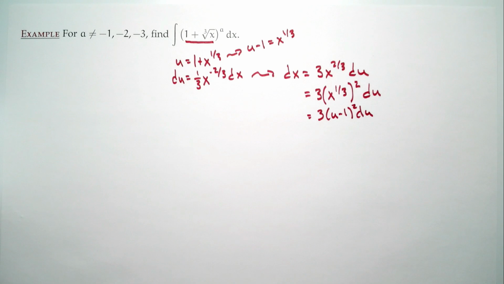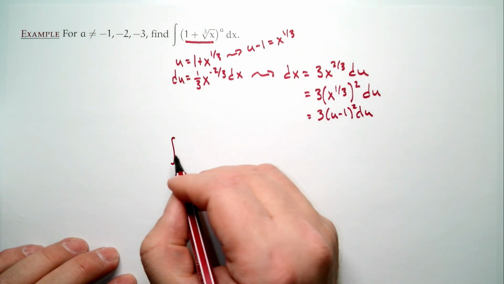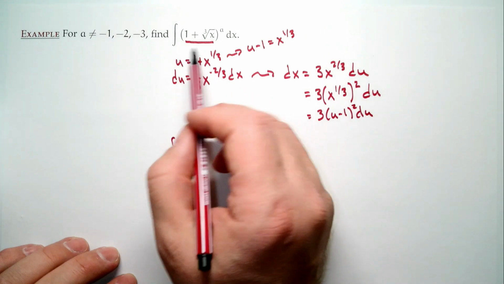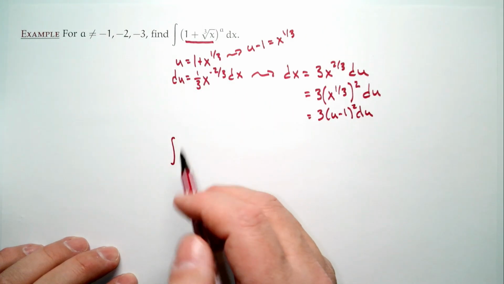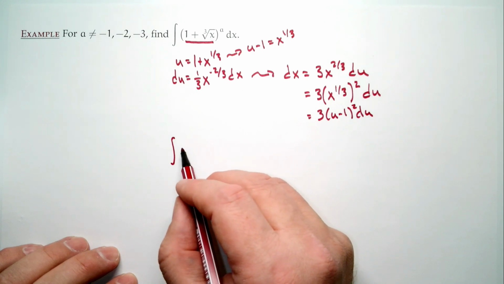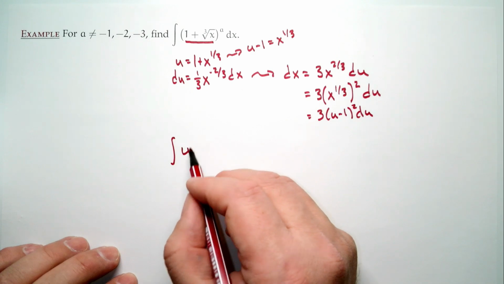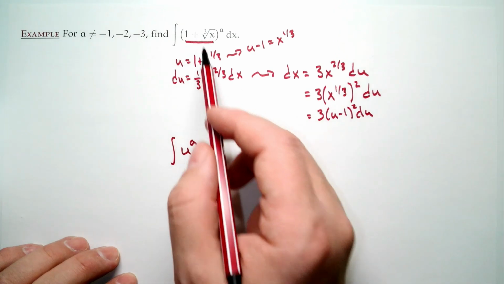All right. So let's see where we're at. We've got the integral of (1 plus the cube root of x) to the power a. What will that become? u to the power a, because 1 plus the cube root of x is u.